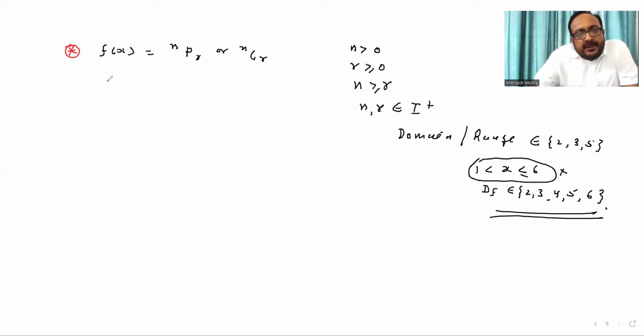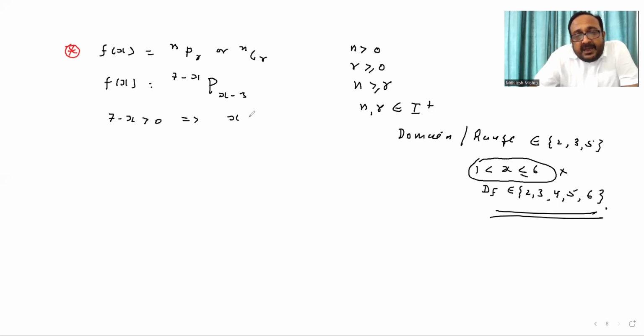I will see one example. Suppose f(x) is given as (7 minus x)P(x minus 3), or C. Both will have the same way to find domain and range. Now, n greater than 0, that means in place of n, you have 7 minus x greater than 0.